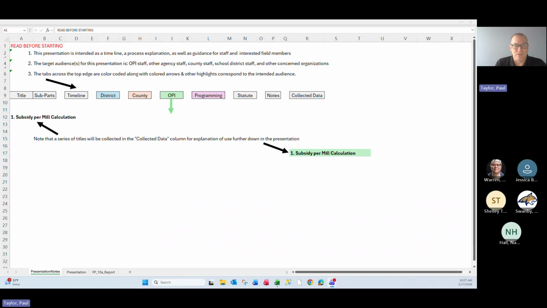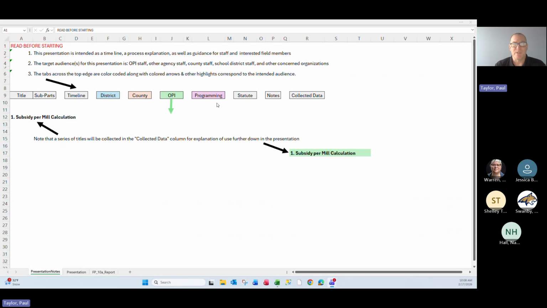And so, a description of what will be presented. On the top edge of the presentation for the full time, you should see these particular categories that I'm circling right now. There'll be titles, subparts, a description of the timeline, and then different colors for the target audience that's being spoken to at the time.